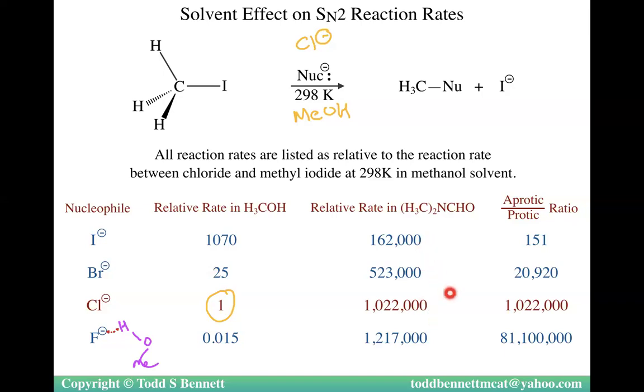That's why those lists are not the best to consider, because as the size changes, the solvent changes, the numbers change. So the key thing here: protic solvents will hinder things that can form hydrogen bonds, or H interactions. And aprotic does allow the true nature of the nucleophile to come through.